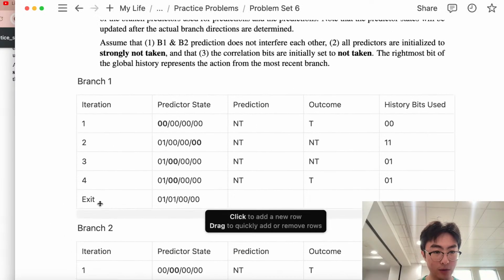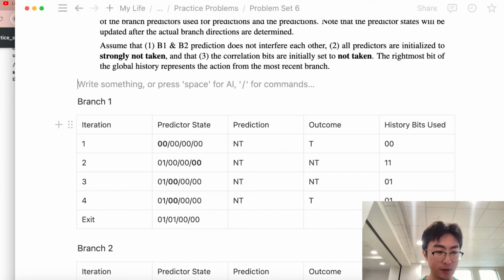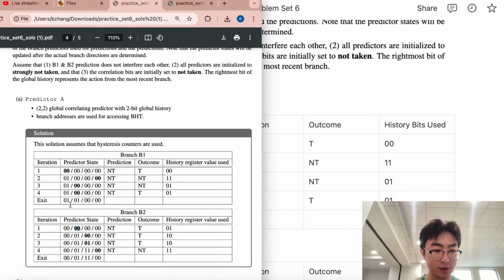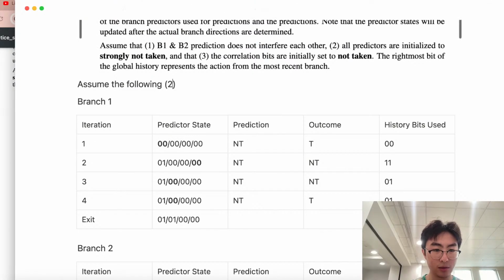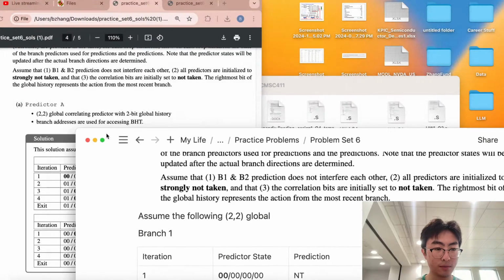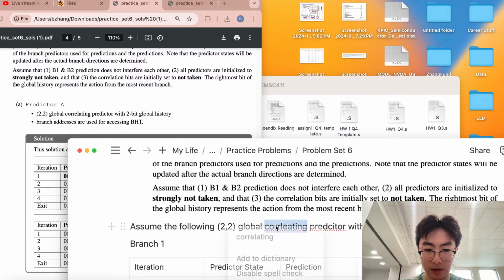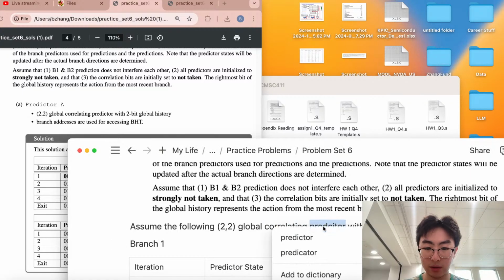Now we have to, so this is, assume the following, because this is a 2 global correlating predictor with 2-bit global history. Oh god, I spelled that completely wrong.